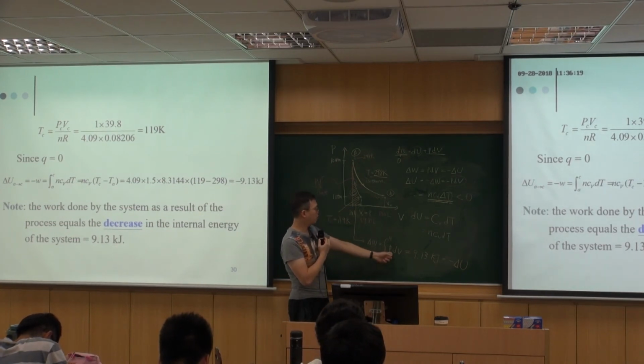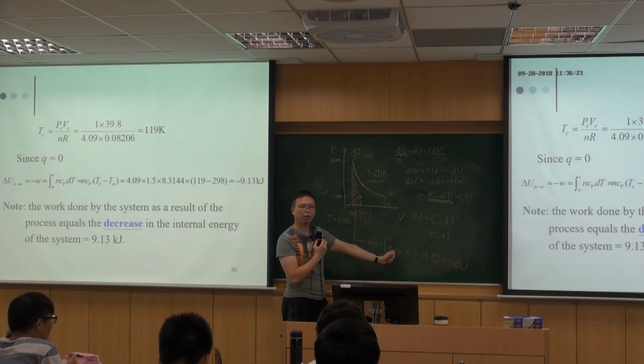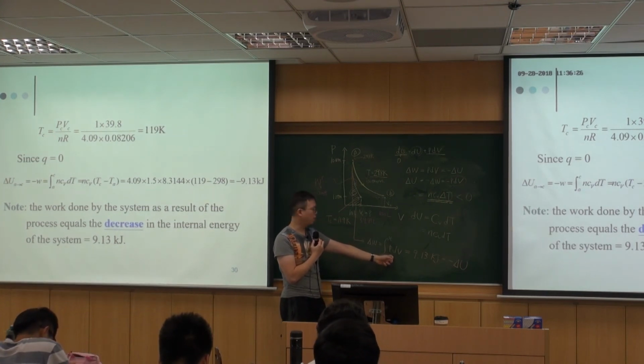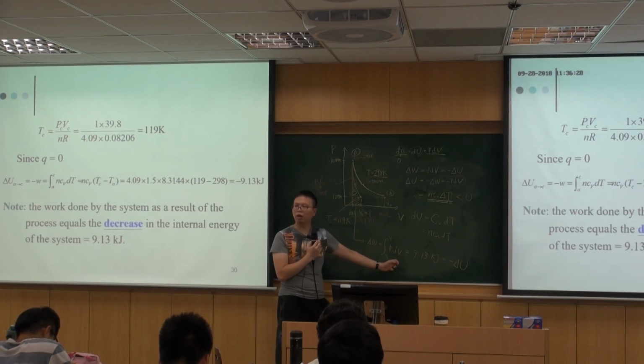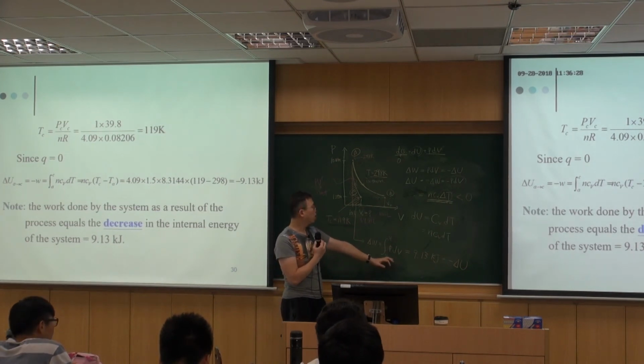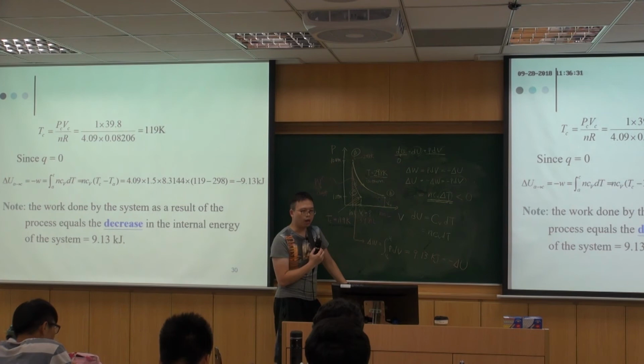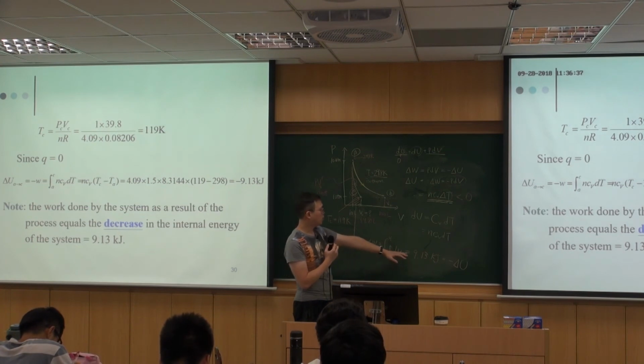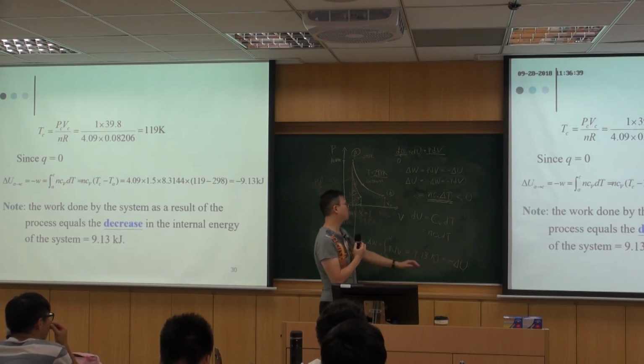So you can write pressure as a function of volume if you want, and then you can also do the calculation by this. But it's far more complicated. So it depends on the problem that you're dealing with. At least in this case, we use this approach, which is more straightforward.